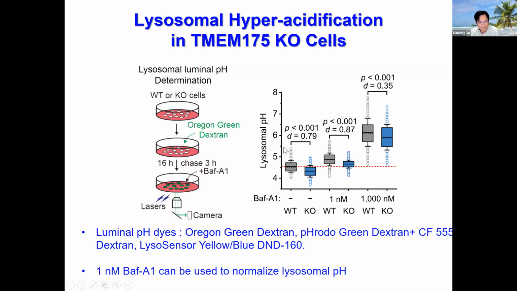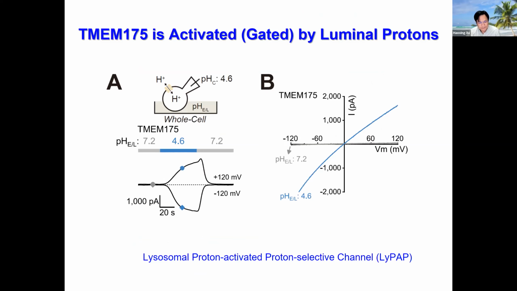So it looks like P175 is a proton leak channel in the lysosome. But is this indeed a leak channel, meaning the channel is constitutively open all the time? This is actually not an easy question to answer, because when you see more current when you drop the pH, it could be more permeable proton ions, or more driving force, or more channels activated.